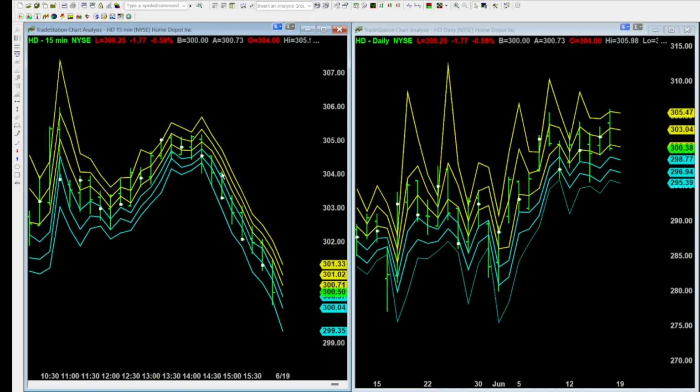When it opened here, it's very close to this yellow trend line. When there is a downtrend, the bottom yellow trend line is a very strong resistance, so generally it will not break through.